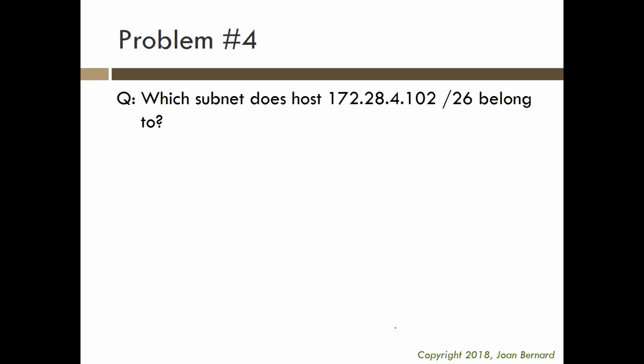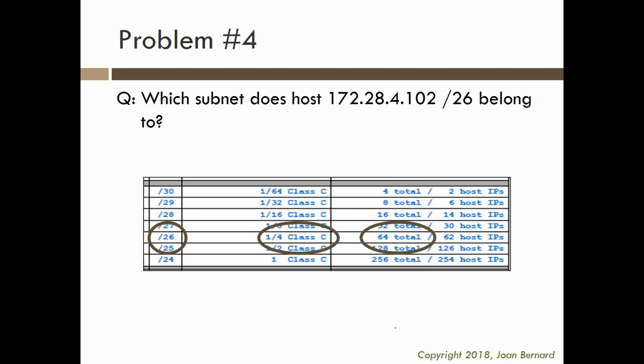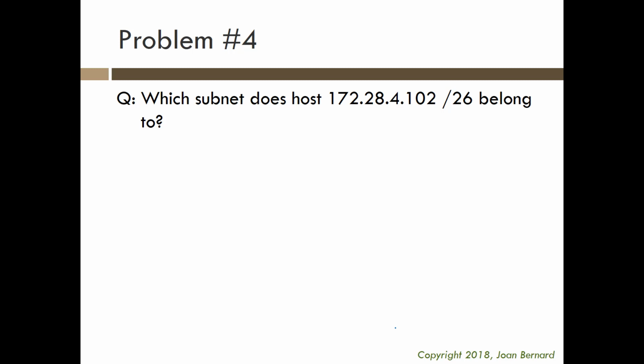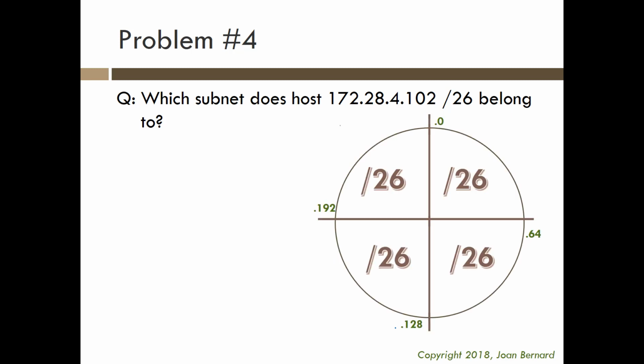Problem 4. What subnet does the host 172.28.4.102/26 belong to? All right, so we take a look at /26. Our cheat sheet tells us that a /26 is a quarter, or a fourth, of a class C, that there's 64 total IP addresses. I can visualize that by taking my /24 and cutting it into four subnets.